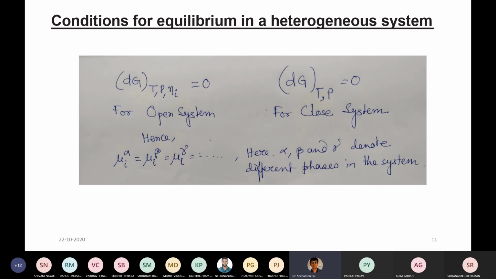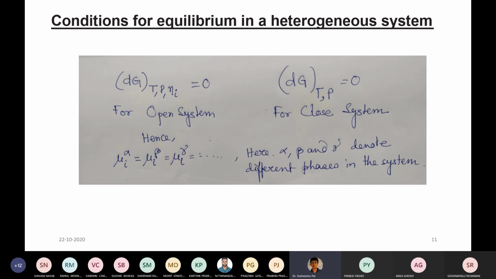But for a system which allows transfer of both heat and mass, it is an open system. Suppose you are taking an open system. Then you are allowing transfer of both heat and mass across the boundary of the system, and the scenario is totally different. You have to take care of the chemical potential concept.